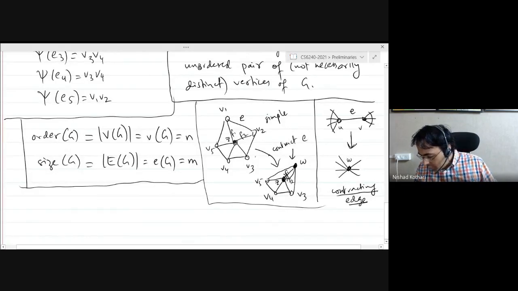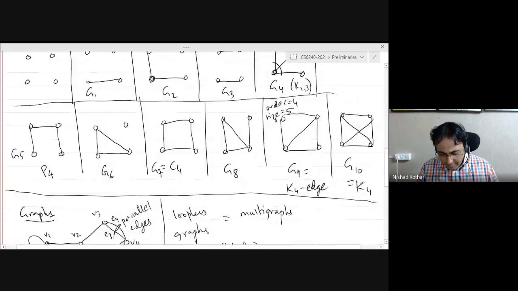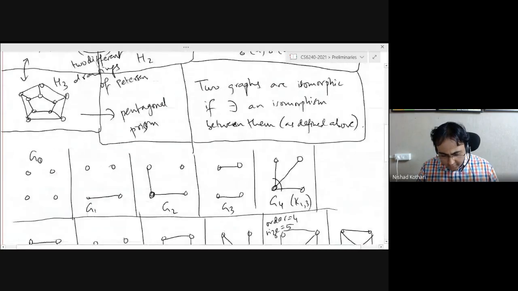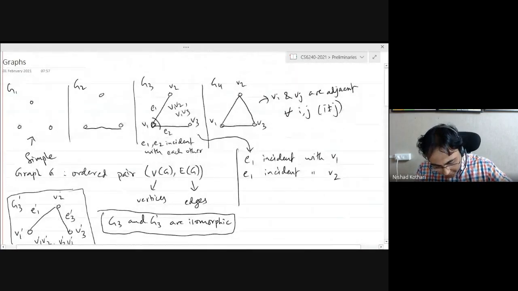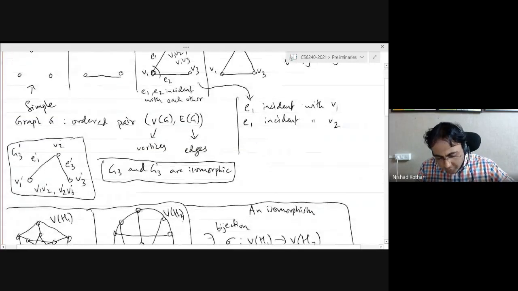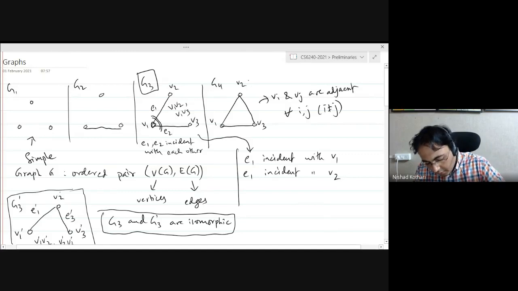Another thing I want to mention is the neighbors of a vertex, right? It is exactly what the name suggests. Most things in graph theory, the definitions are basically what you think the name suggests. So in this graph here, G3, the neighbors of V1 are V2 and V3.